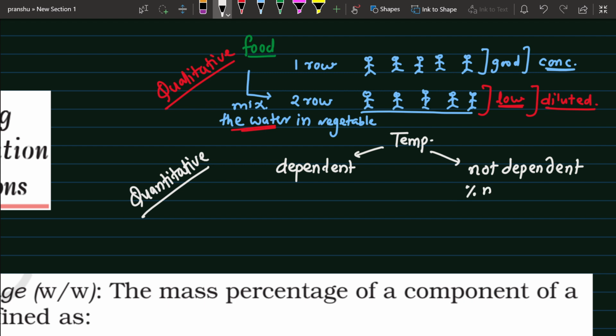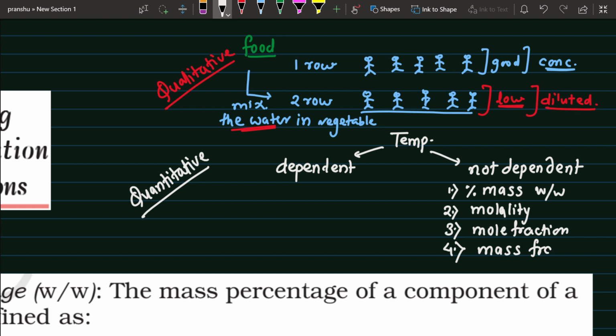For example, percentage by mass, molality, mole fraction, mass fraction: these terms are not dependent on temperature, while the terms containing volume are dependent on temperature, because volume changes with temperature.